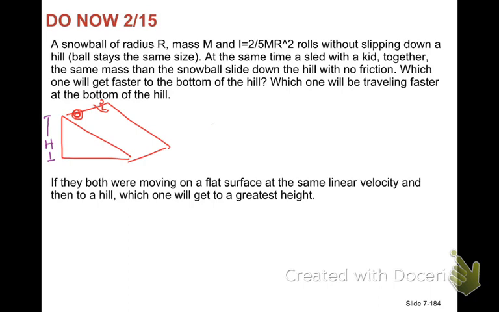Well, if you think about it very carefully, at the top you have potential energy, and that potential energy is transformed into a different energy. By the way, both objects have the same potential energy because they both have the same mass, the same gravitational acceleration, and they have the same height.